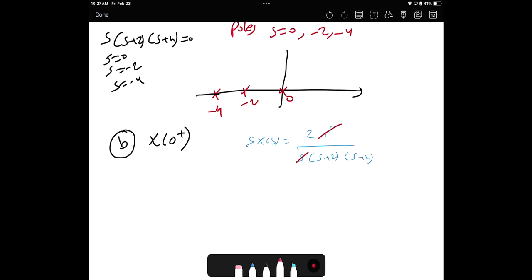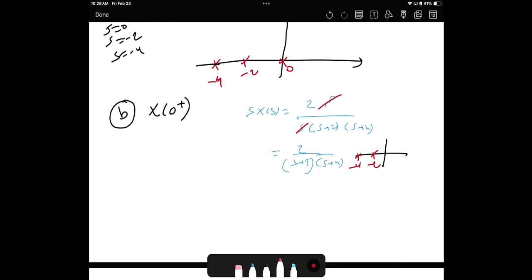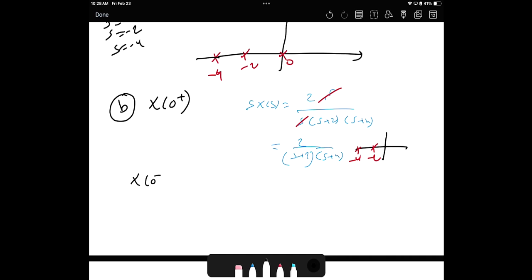S and s cancel each other. So it will be 2 over s plus 2, s plus 4. If we plot them, the poles are at negative 2 and negative 4, and there is nothing at the origin. So we can apply the theorem, and the initial value theorem should work without any problem.